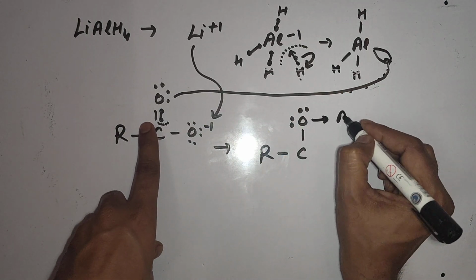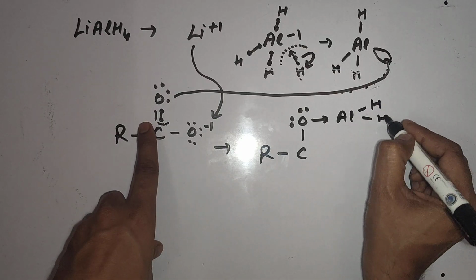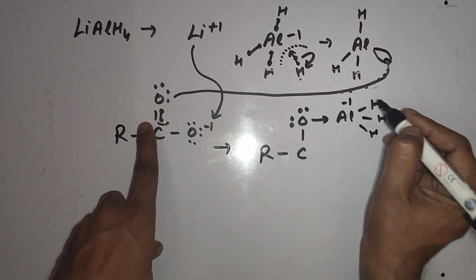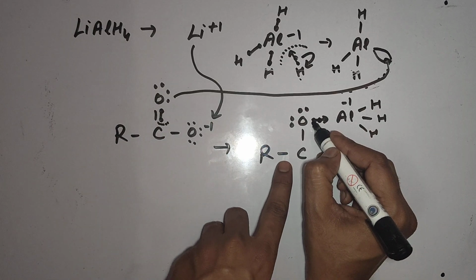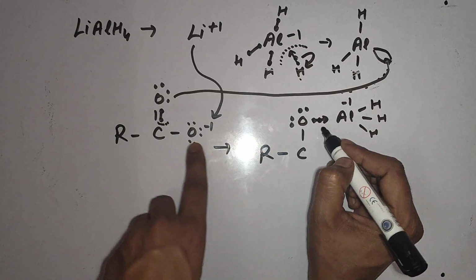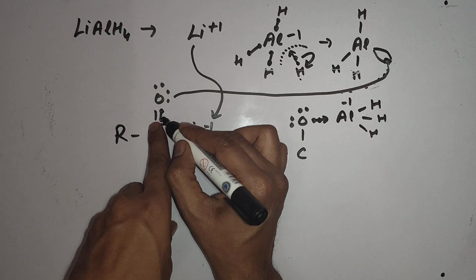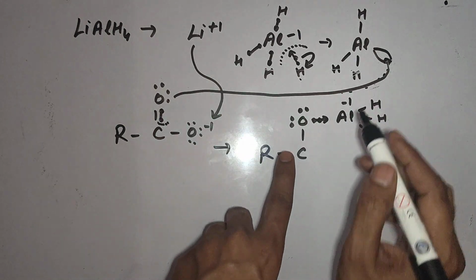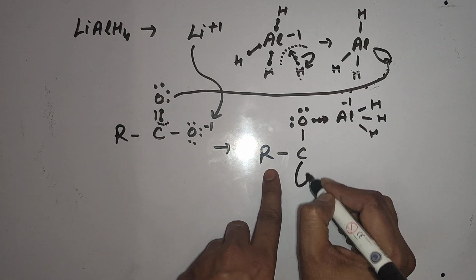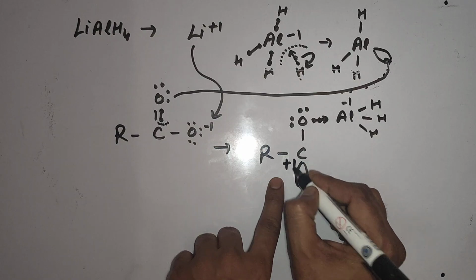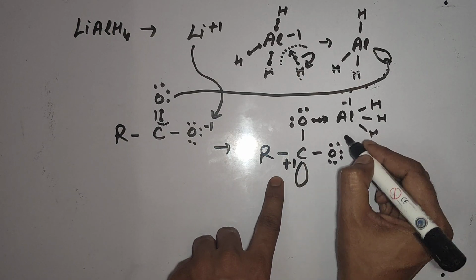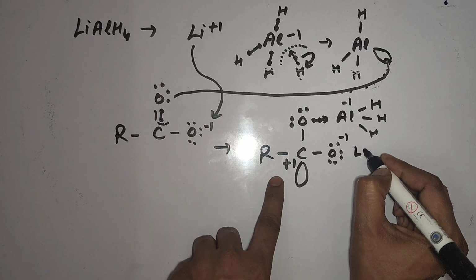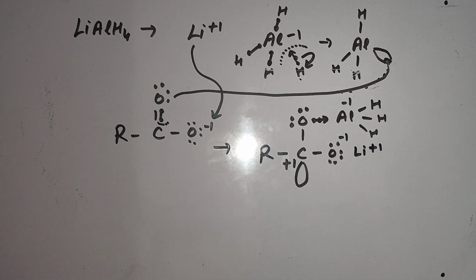Like this. Due to which, again it will carry a -1 charge. 2 electrons are there. 1 electron is of oxygen and 1 electron was of carbon, which it has shifted toward aluminium. Due to which, around carbon a vacant orbital will generate with a +1 charge. And O negative is getting satisfaction from lithium.